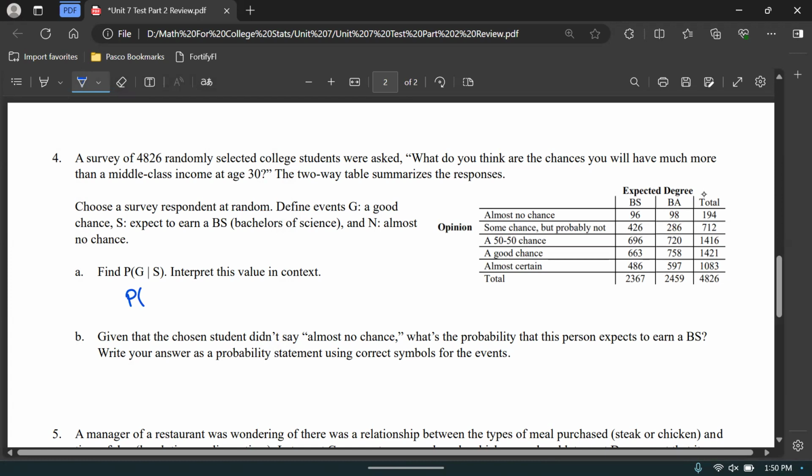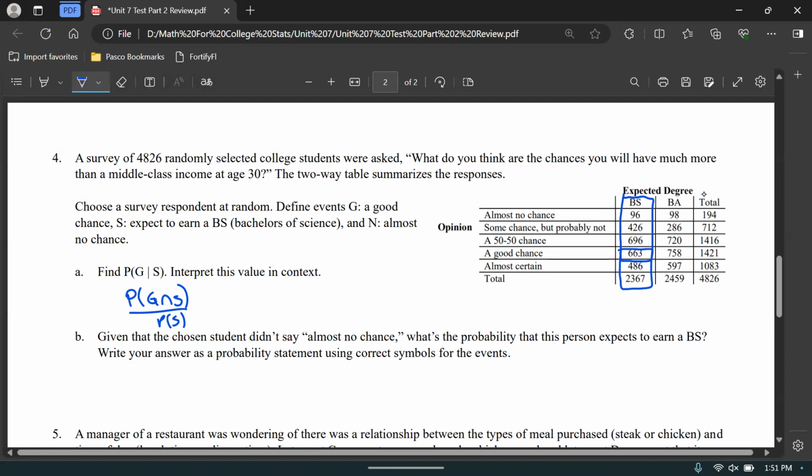So this would be the probability of G and S over the probability of S. So if you focus on this, a good chance is this right here. Of people who expect to earn a bachelor's degree, of this group, how many of them suggested a good chance?